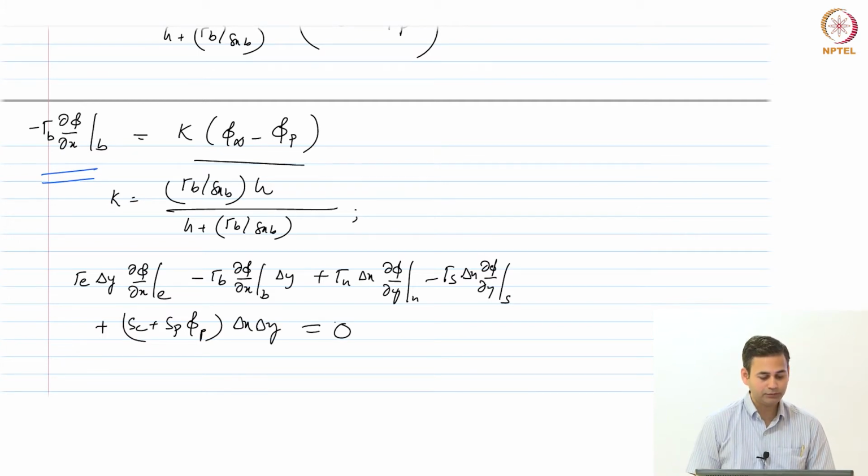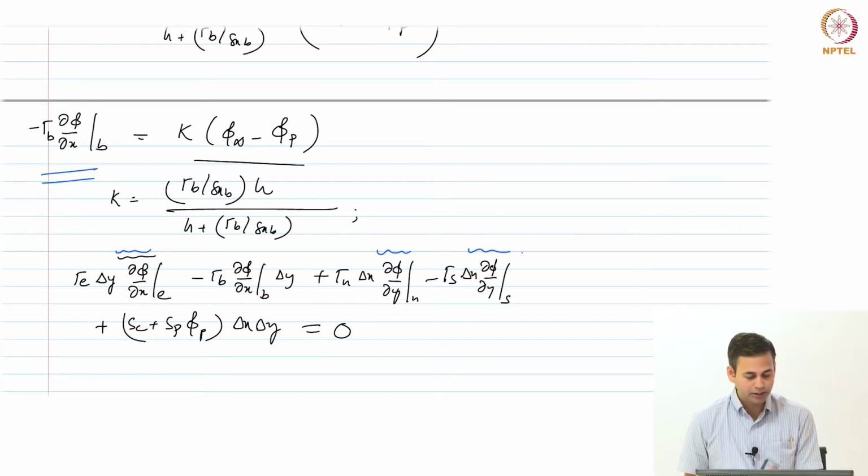That is what we have, in which I am going to use linear profile assumption for all these quantities, right, for the partial phi partial x on the east, partial phi partial y on the north and the south, and we are going to replace this quantity minus gamma b partial phi partial x b with what we just obtained here, right. We are going to write k times phi infinity minus phi p, right, and then collect the terms.